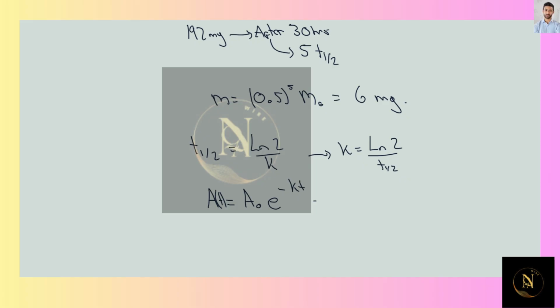Replacing the value of k and plugging in here the initial mass, that is 192 milligrams, we're going to get that after 30 hours, we're going to have logarithm of 2 divided by the half-life time times 30 hours.